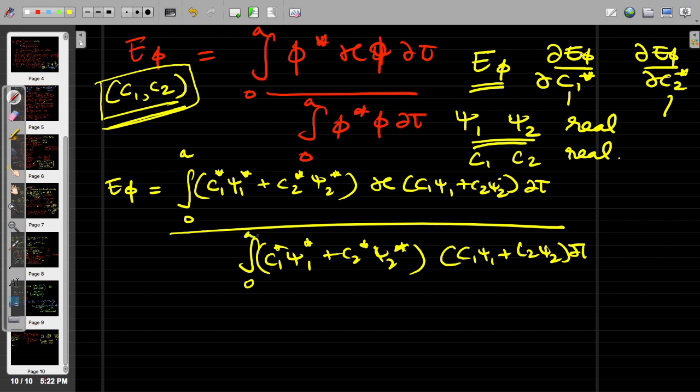We told these are real, but let's write it down for a little bit. In this case, the limits will be 0 to a if you are looking at the particle in a box problem, or whatever limits make sense.